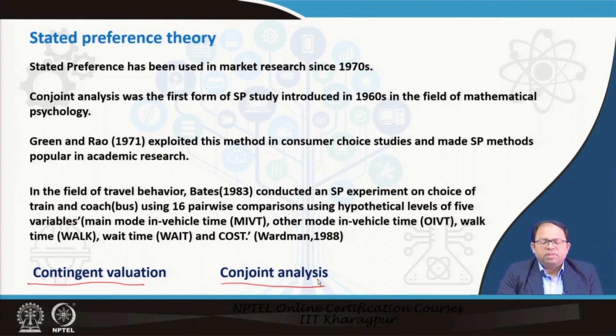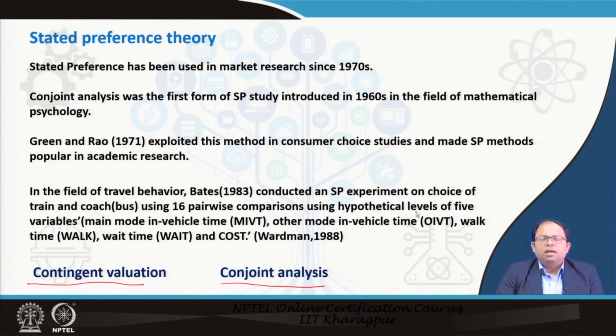Conjoint analysis was the first form of SP study, introduced in the 1960s in the field of mathematical psychology, and then Green and Rao exploited this method in consumer choice studies and made SP methods popular also in academic research. In travel behavior research, Bates in 1983 and then in 1984 conducted SP experiments on the choice of trains and bus using 16 pairwise comparisons using hypothetical levels of 5 variables.